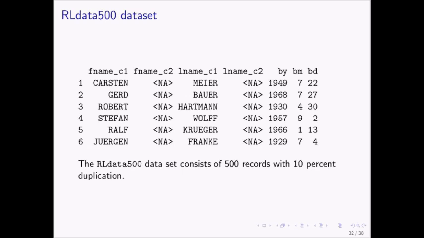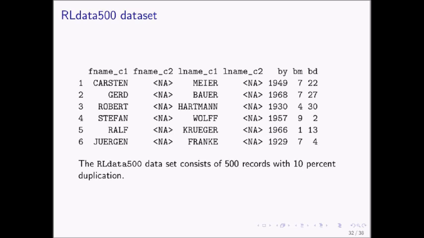So here's the data set. It's a very small data set, 500 data points, with unique IDs that you can compare against. The method I'm using is a Bayesian generative model, and it's completely unsupervised. This particular data set consists of 500 records with 10% duplicates.